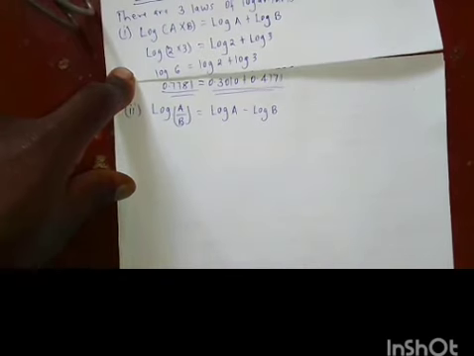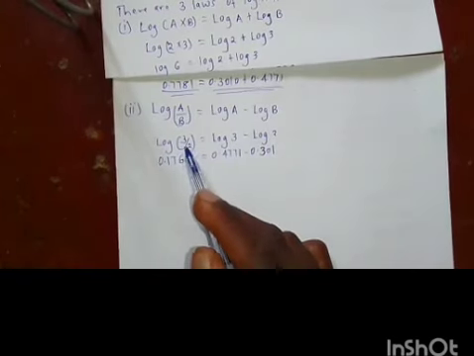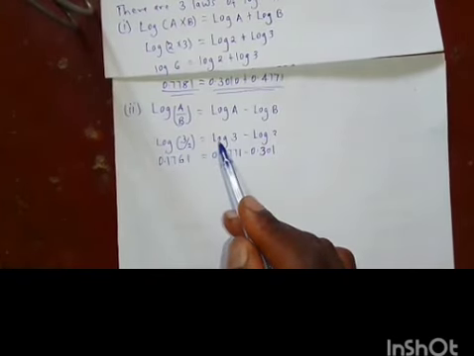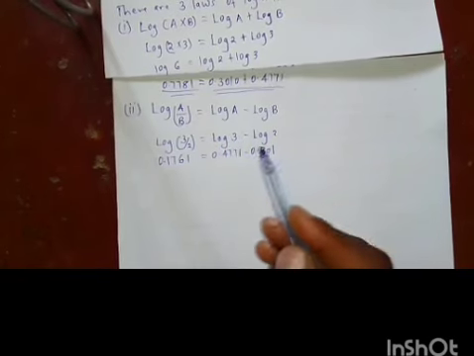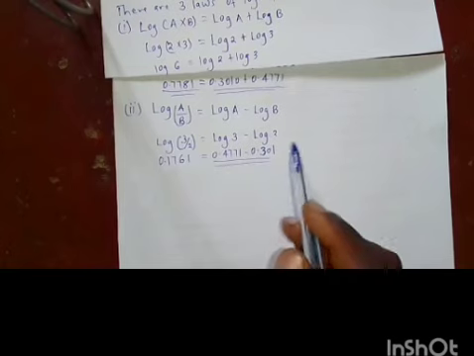So for example, the logarithm of 3 divided by 2 equals the logarithm of 3 minus the logarithm of 2. So that's what we have.